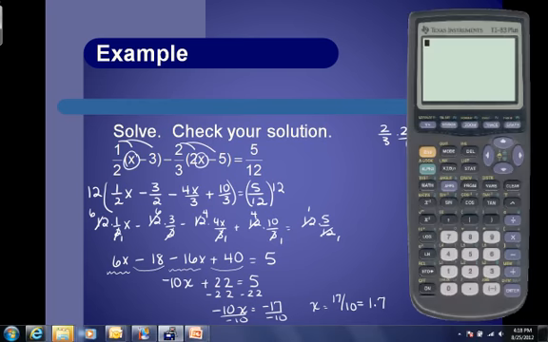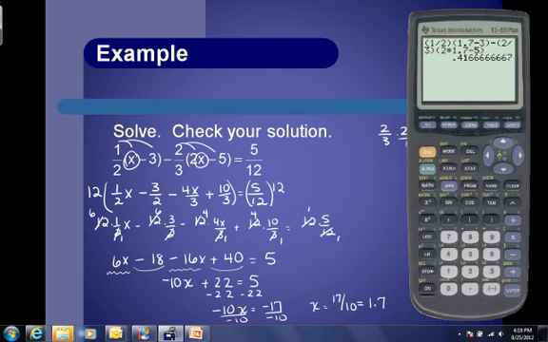Okay, let's check this on our calculator by plugging in 1.7 for x. First thing, we would have 1/2, I'm going to put that in parentheses, times 1.7 minus 3, minus, then in parentheses, the fraction 2/3 times 2 times 1.7 minus 5.